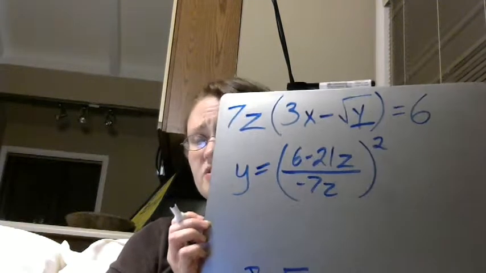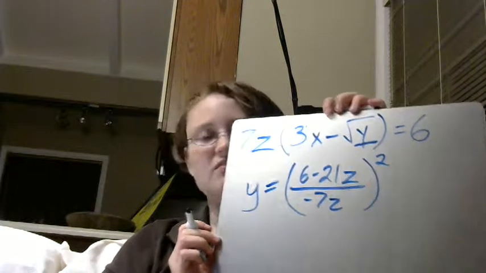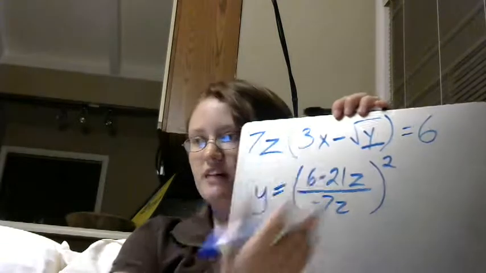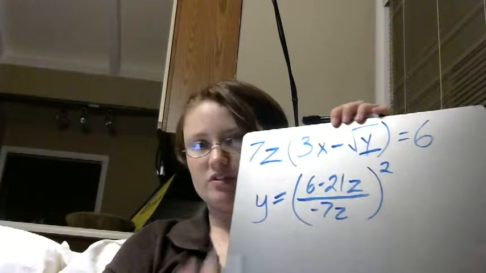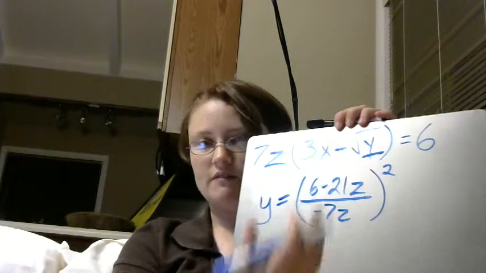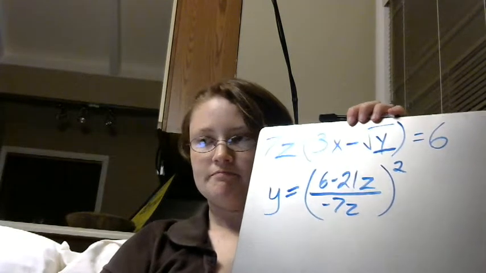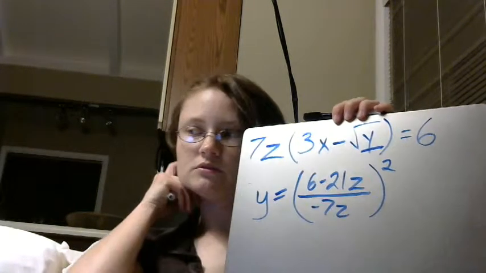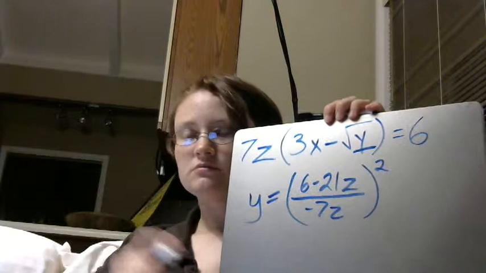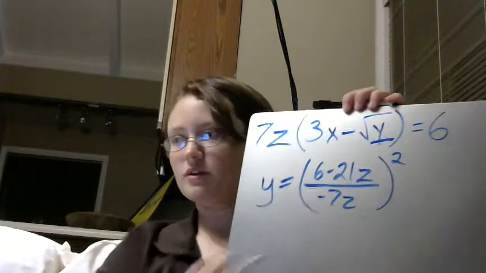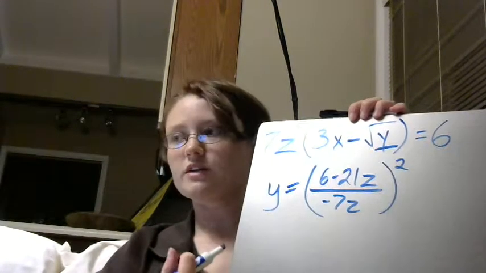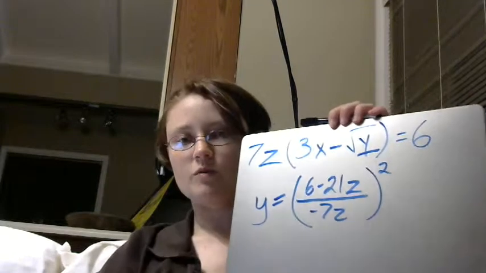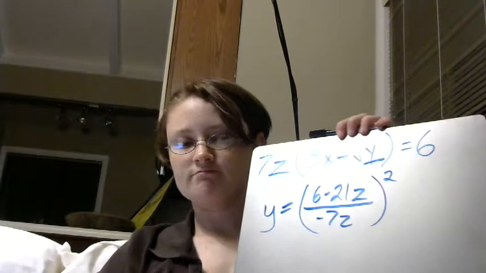Is there anything we can do to simplify this? Not really, because we don't have stuff that interacts with each other. The 6, the 21, the 7, they don't have a common factor that we can pull out. If you wanted, you could go to all the trouble to square this, but it's not really necessary. We can leave it like that. We've solved for y. We're done.